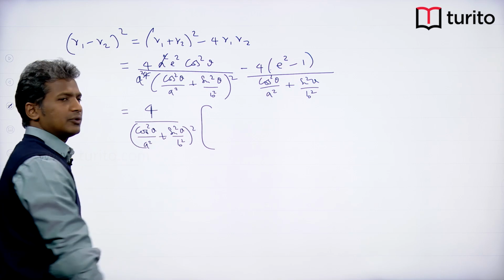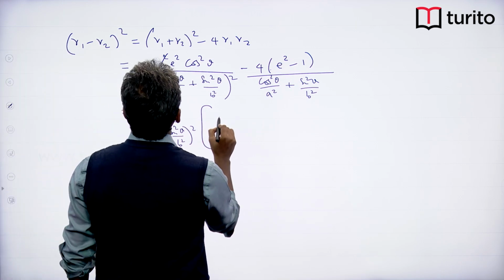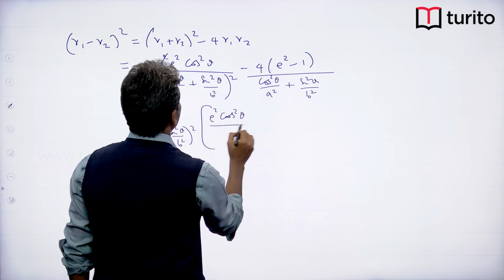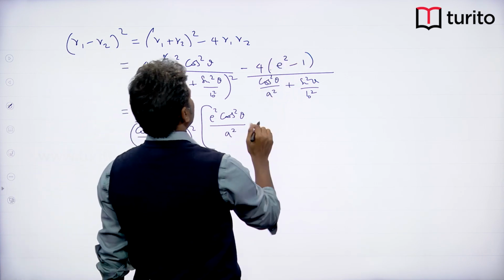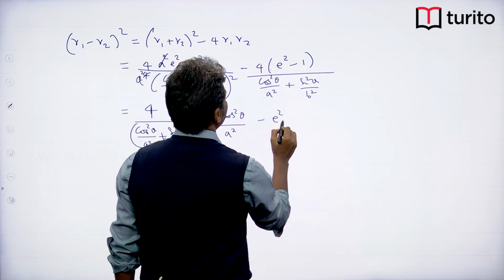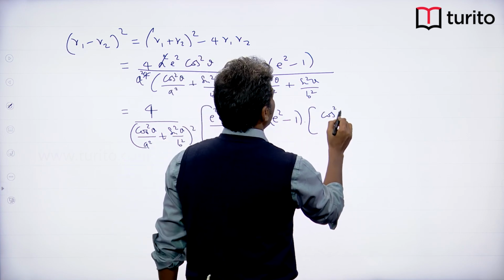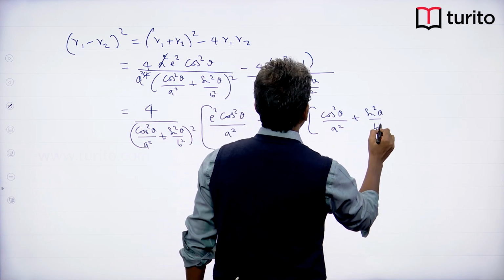I can take 4 as common. Okay. So, what is left here? E square into cos square theta by A square is left, and in this term, (E square minus 1) into (cos square theta by A square plus sin square theta by B square) is left.